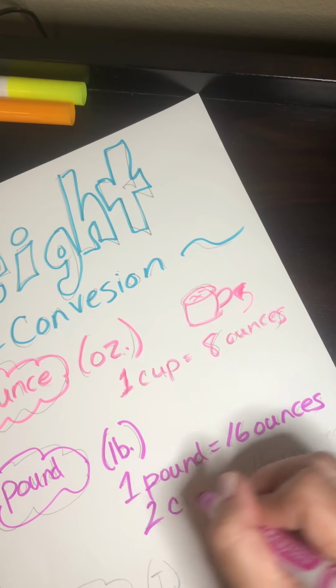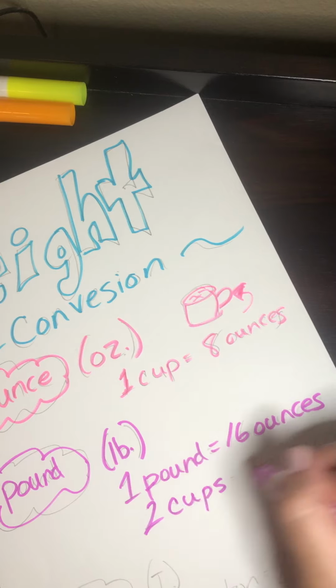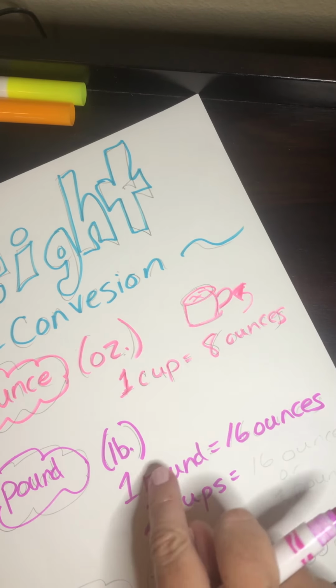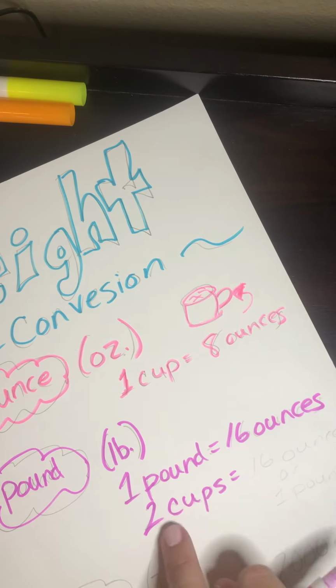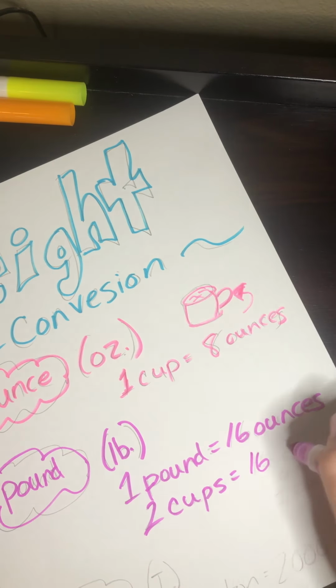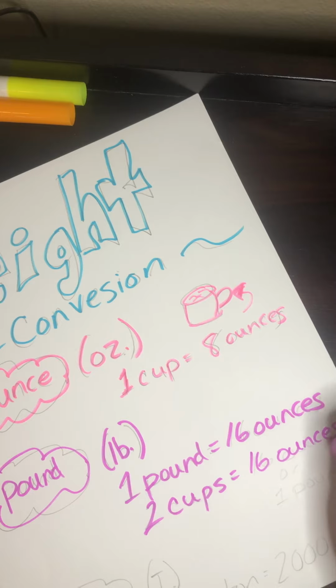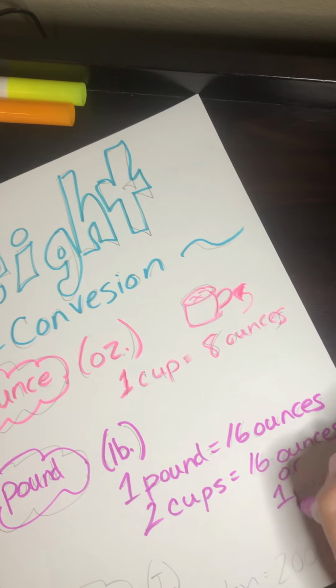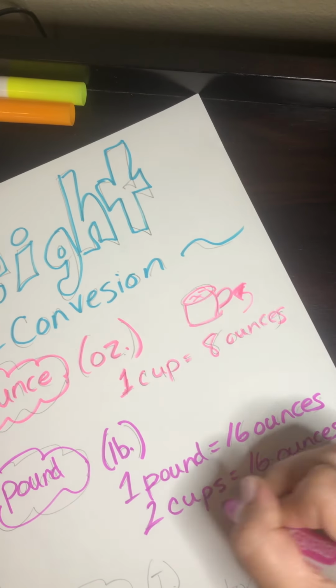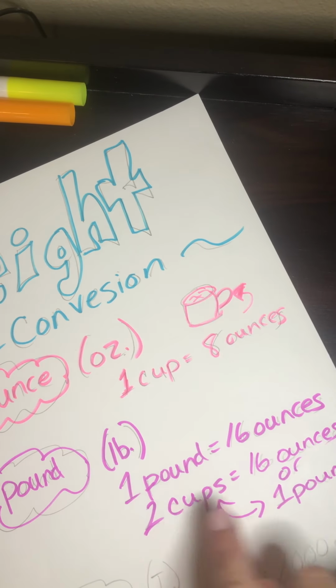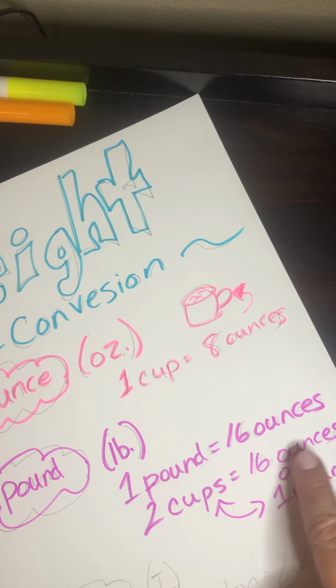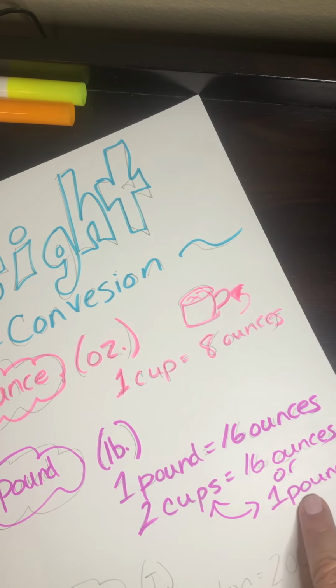So if I wanted to say how many cups are in 1 pound, I would have to think: in 1 cup there's 8 ounces, in 2 cups there's 16 ounces, and 16 ounces would be the same as 1 pound. So basically, if I needed to convert cups to pounds, but I only knew ounces, I could figure out how many ounces there are in the cups, which would equal 1 pound.